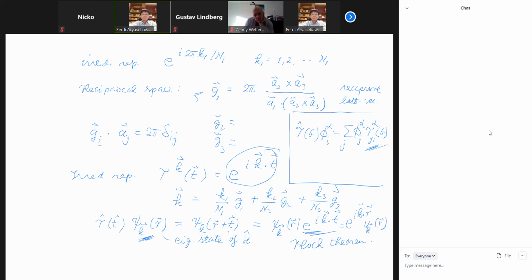You can show that easily. So this is periodic. This is not periodic. Yes, the eigenstate is not periodic, as you can see that if you translate by t, it acquires a phase factor.